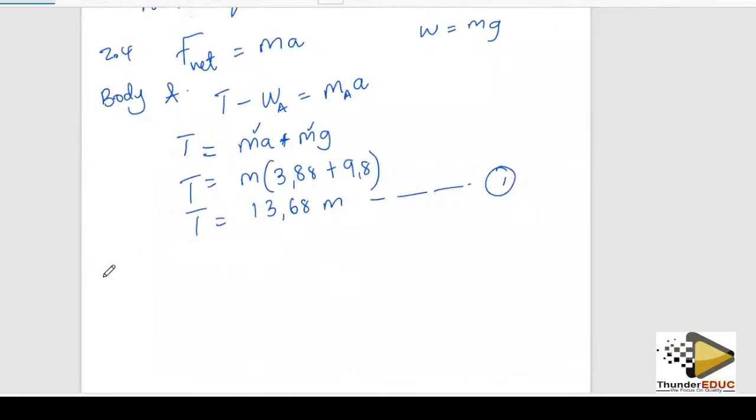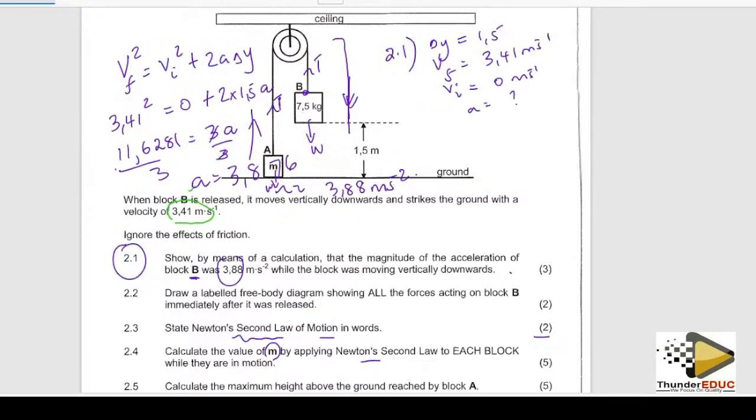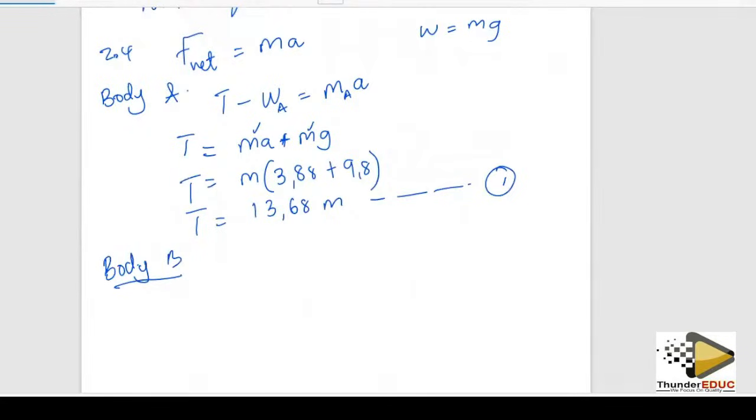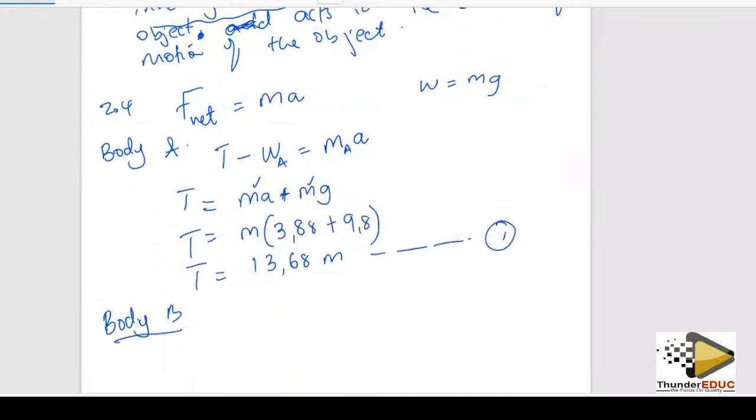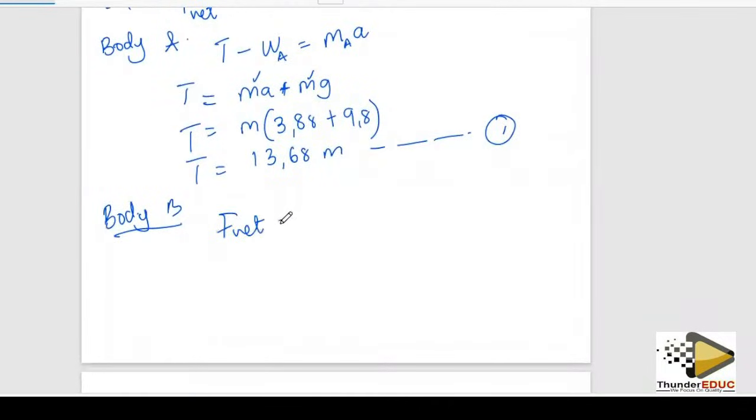Okay, and then when I look at body B, remember we said the weight from the free body diagram that we drew. The weight is moving downwards, which means the weight has to be a bit greater. So we're saying F net is equal to ma. So we're saying the weight minus the tension must give us the mass and the acceleration. So the weight of B, remember our mass for B was 7,5 times 9,8, from the definition of weight, mass and the gravitational force.